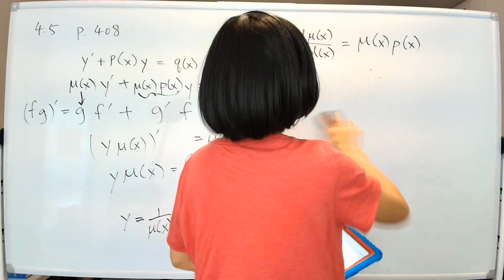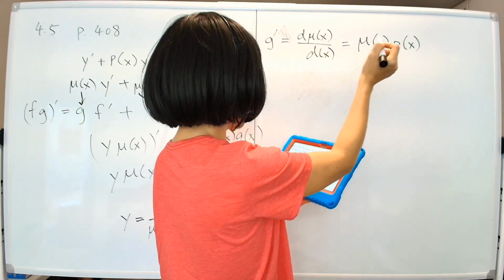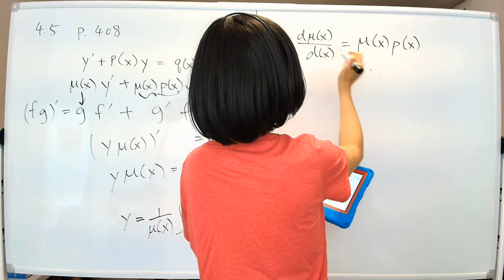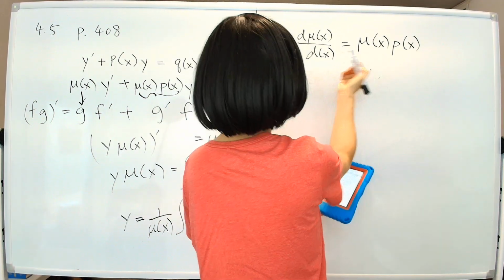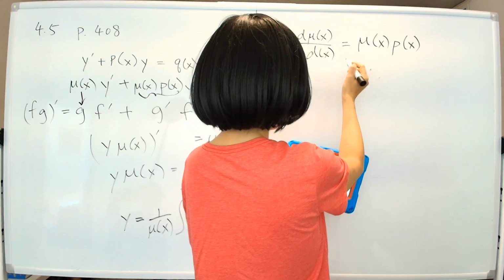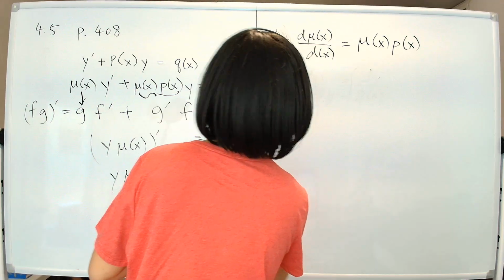Now what we're actually going to do is this is mu prime of x equal to, let's rewrite this thing too.